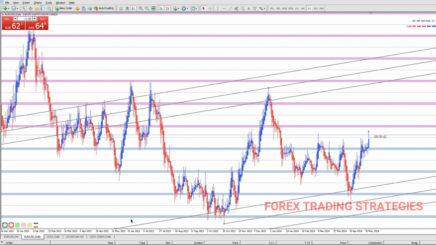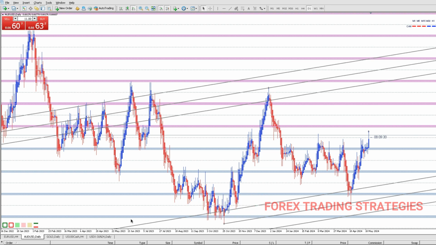So you are going to focus on only high probability trades if you are going to be growing that small account. Look for setups with multiple confirmations, such as candlestick patterns, market structures, trend lines, and support and resistance levels. Have multiple confirmations for why you are taking that trade.